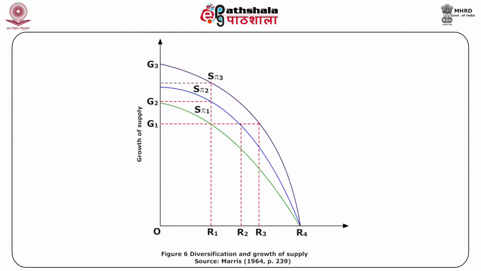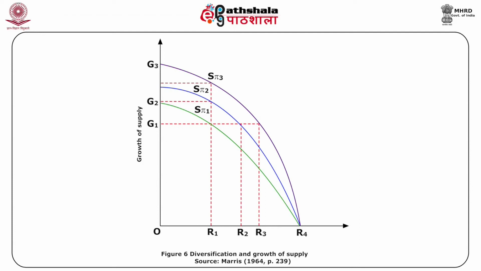The relationship between the rate of growth of supply and rate of diversification, represented by supply curve Sπ, is shown in figure 6. In case of diversification projects, the rate of growth of supply of resources is a function of the ratio of dividends retained or disbursed.